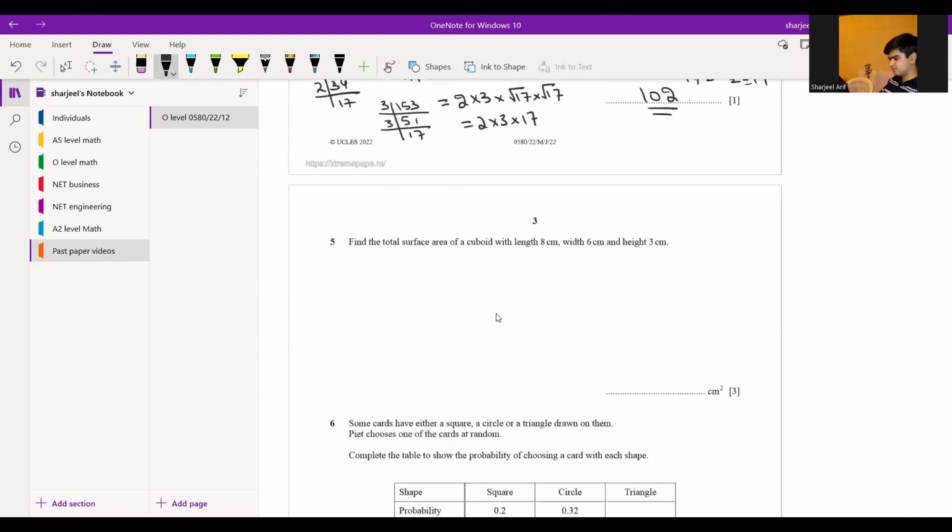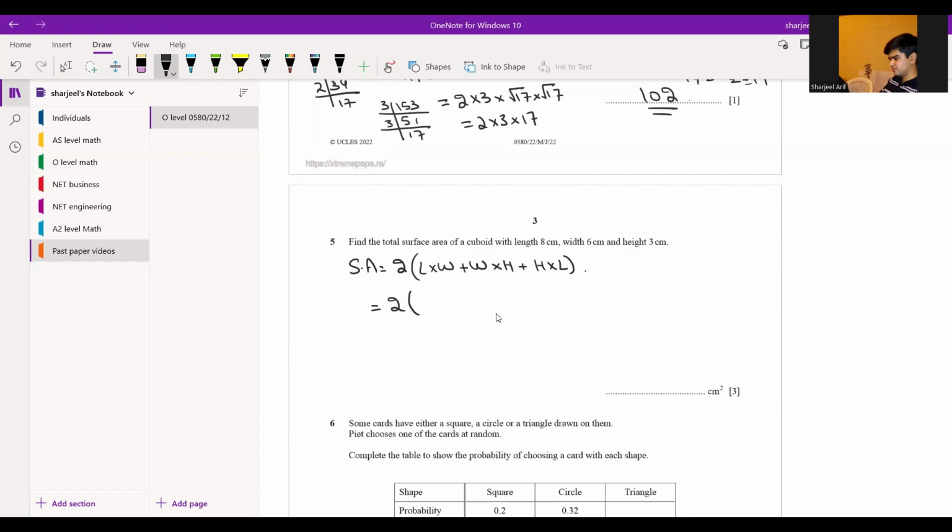Now look at question number 5. For this one, you have to find the surface area of the cuboid with length 8 centimeter, width 6 centimeter, and height 3 centimeter. For this one, you just have to memorize the formula. So this will be 2 into length into width plus width into height plus height into length.